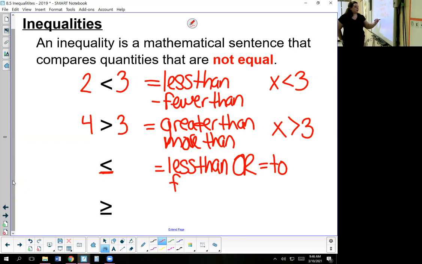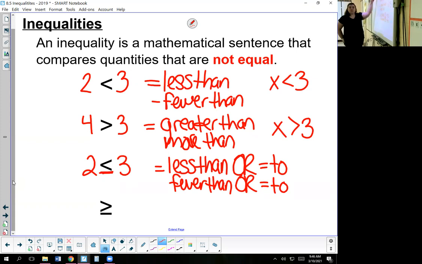Same thing you could say as fewer than, or it can also be equal to it. So for instance, I could do 2 is less than 3, but whereas this one couldn't equal 3, this one now can equal 3. So in this case, it would look like this.